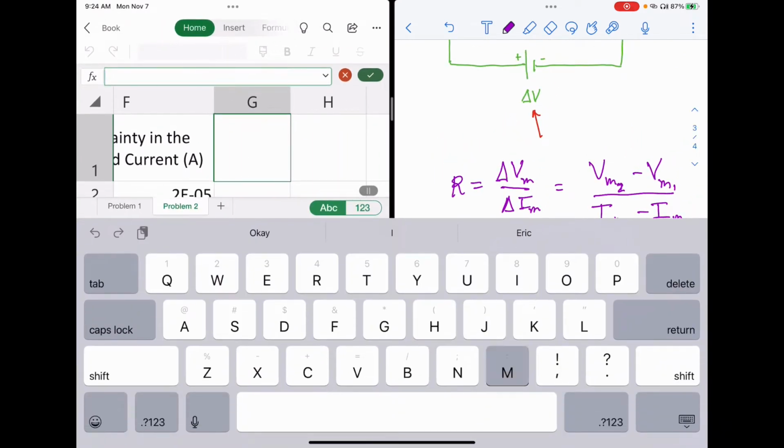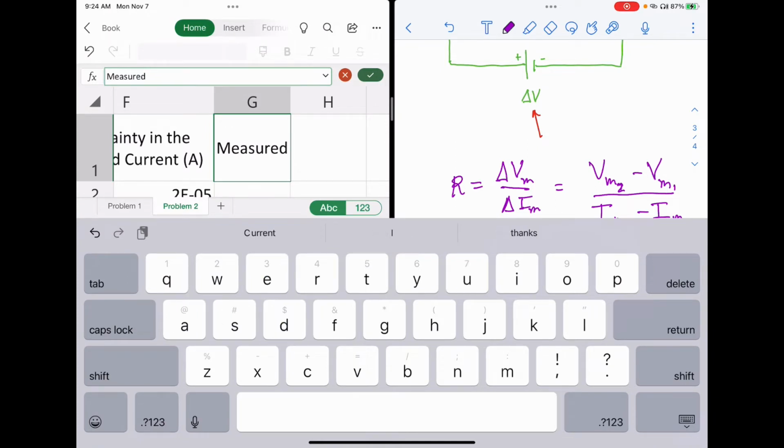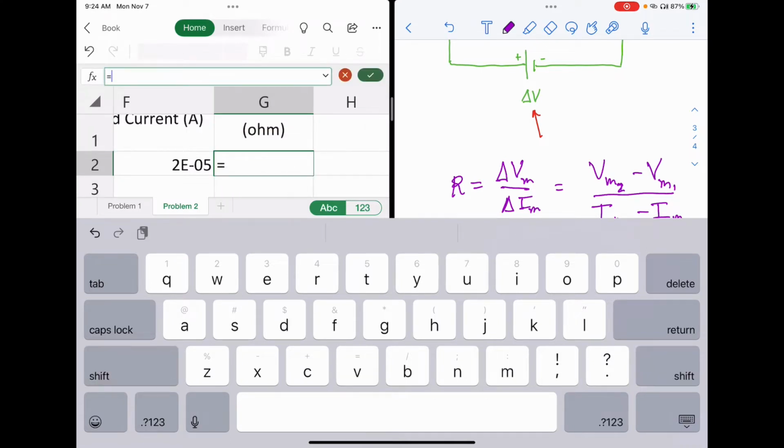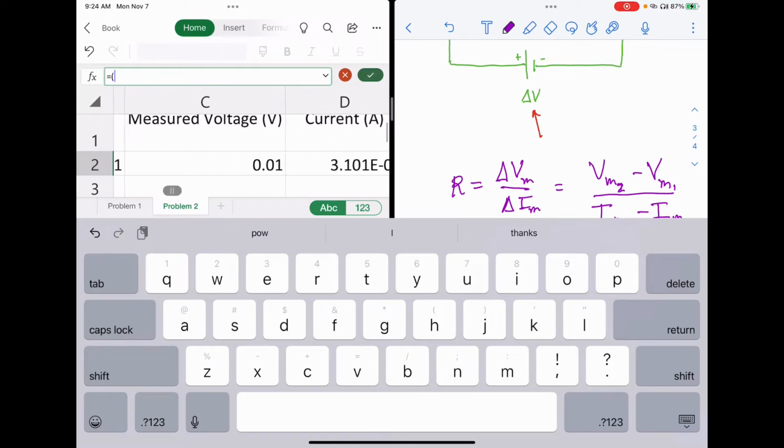So the measured resistance, make sure you put your units at the top here, and our measured resistance is going to be equal to, and I'm going to use parentheses. It's quite important that you understand that the numerator is in parentheses, and the denominator has parentheses around it. Okay, so that is really important.